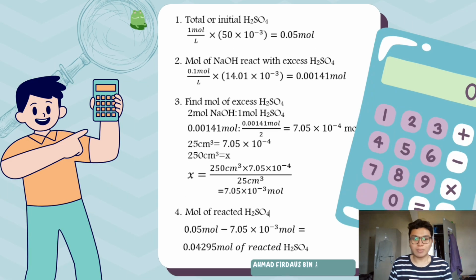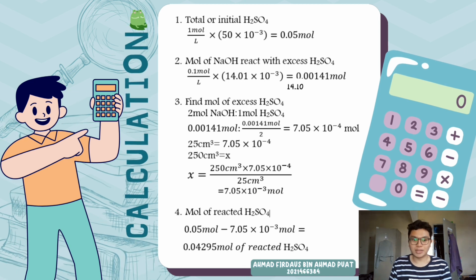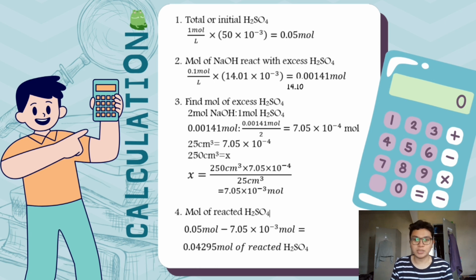The first step of calculation for this back titration experiment starts by finding the total or initial mole of sulfuric acid. The molarity of sulfuric acid, which is 1 molar, is multiplied by the volume of sulfuric acid that has been used to react with iron, which is 0.05 liter, and we get 0.05 mole.